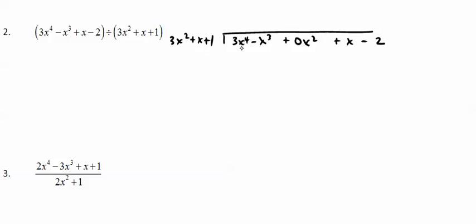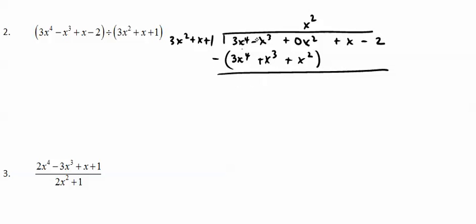So now to get 3x to the fourth, I would have to multiply this by x squared. So 3x to the fourth, that's plus x cubed plus x squared. Now remember, you always subtract doing long division. So that's gone. That is going to be a negative 2x to the third minus x squared. Bring down the x minus 2.